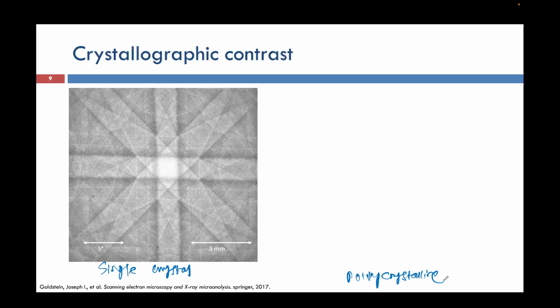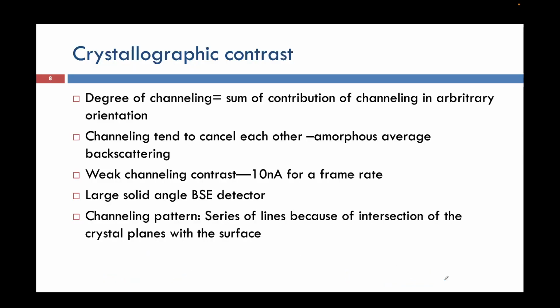Some of the features of the crystallographic contrast: there is a contribution of channeling in arbitrary orientations in a polycrystalline material, and since arbitrary orientations are there, the degrees of channeling add up and tend to cancel each other.